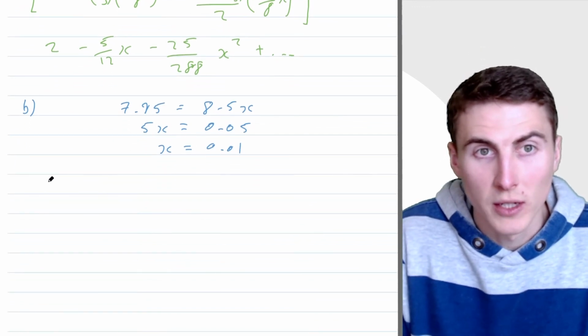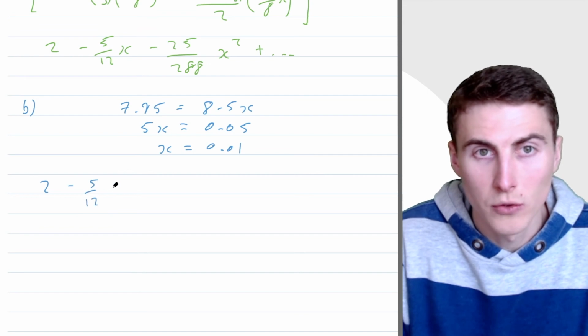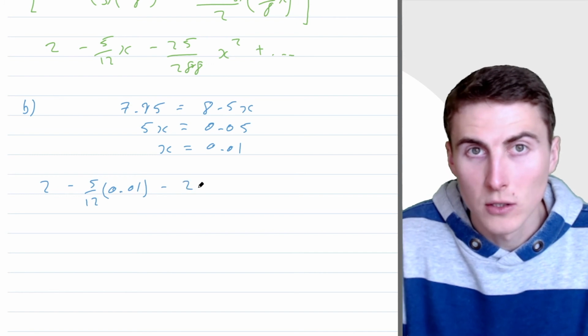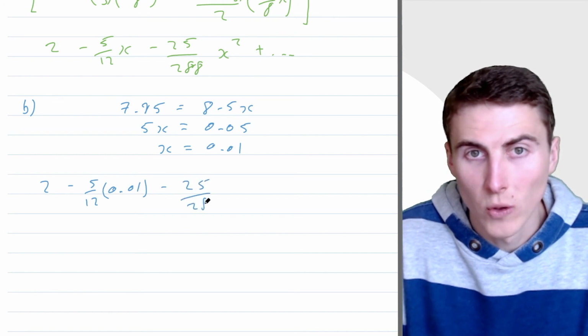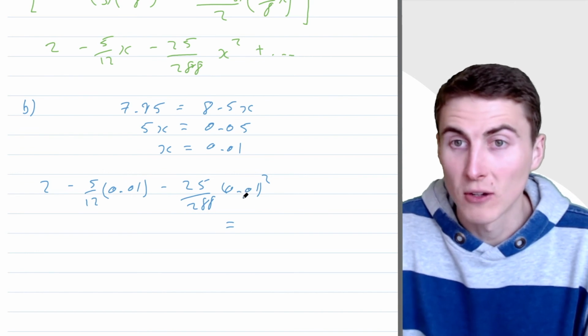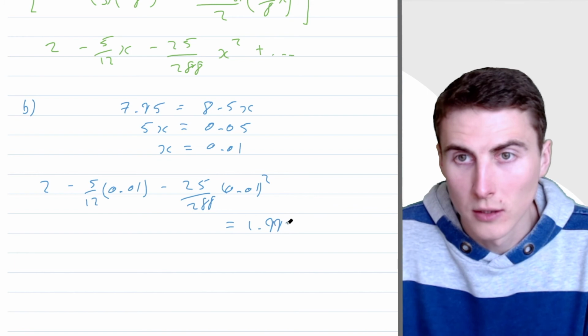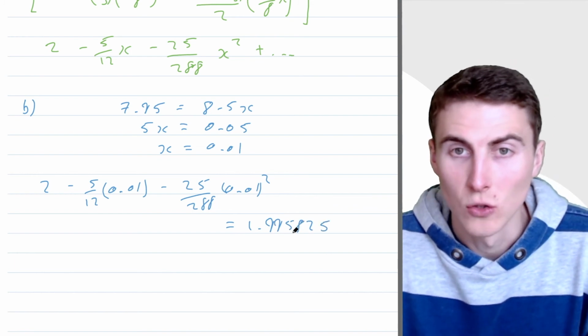So doing that, we're going to get 2 minus 5/12 of 0.01 minus 25/288 sets of 0.01 squared. And we plug all that into the calculator, and that would give you 1.99585 to 6 decimal places.